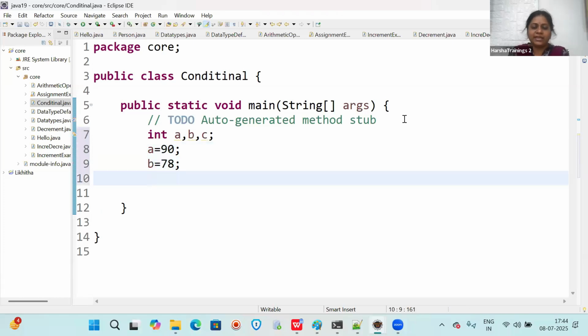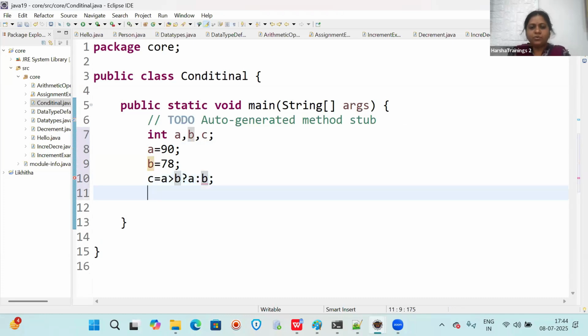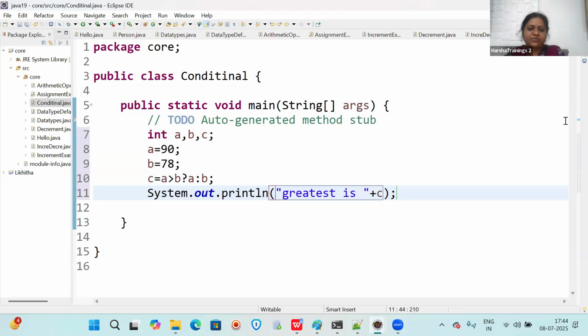Any number you can take. Now c is equal to a greater than b question mark a colon b. Then System.out.println, greatest is, and you print c. So the greatest value is printed with c.